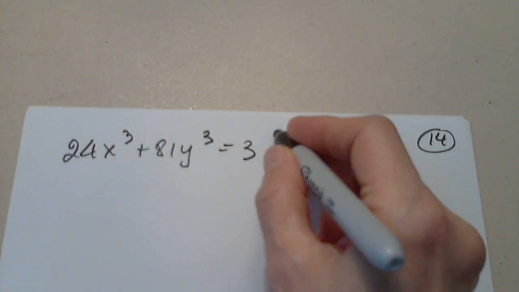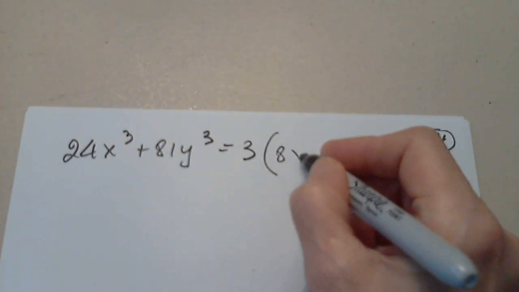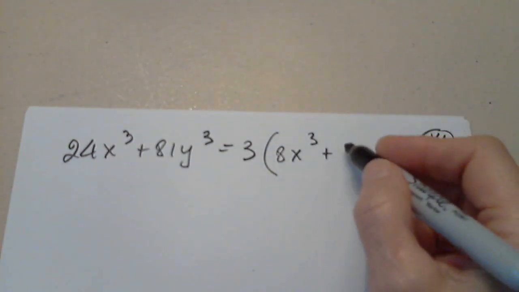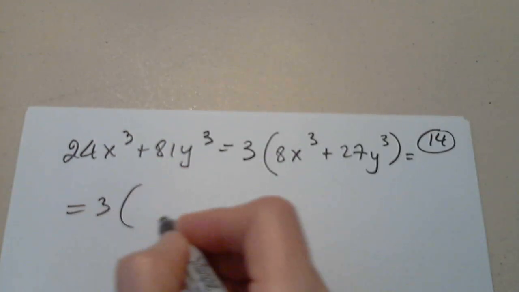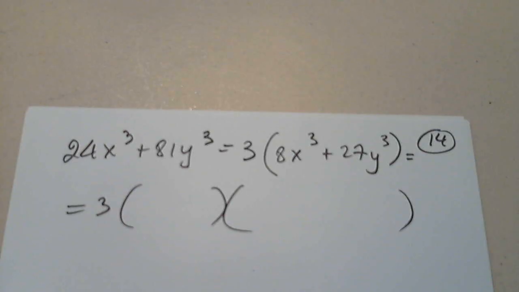So the greatest common factor is 3. So we have 8x to the 3rd plus 27y to the 3rd. It's the only way to realize that this is a sum of cubes, which is a binomial times a trinomial.